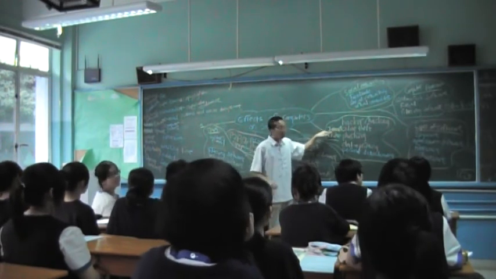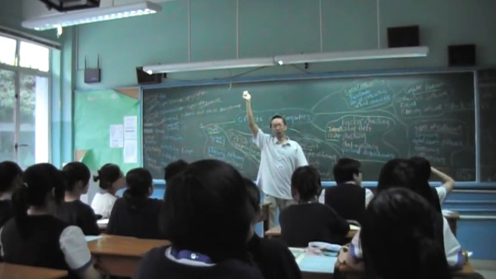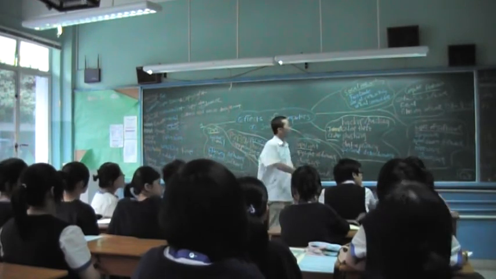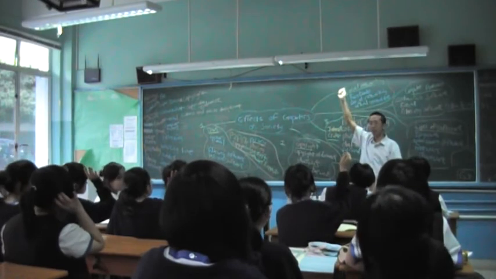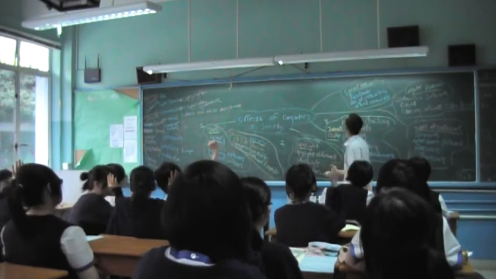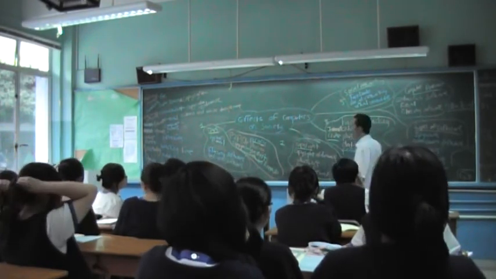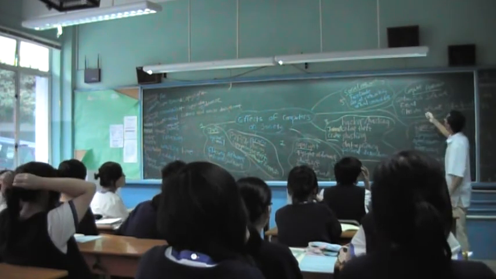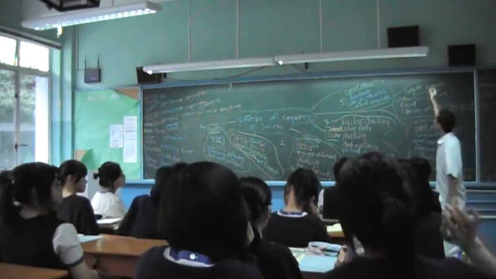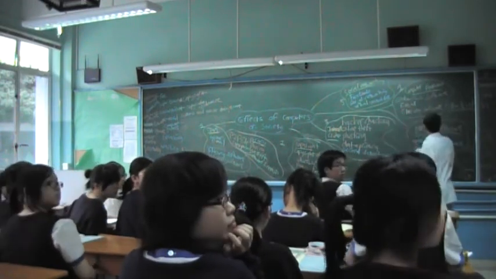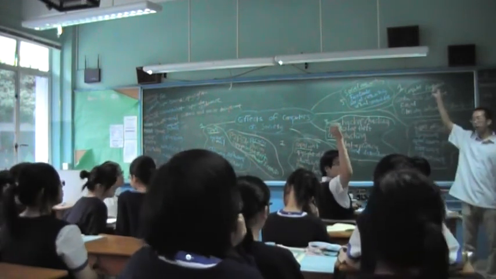Who says internet crime? 3. Who says social networking? 2, 4, 5. And all of you have just joined Facebook too. Who says computer protection? 1. And who says types of software? 2.